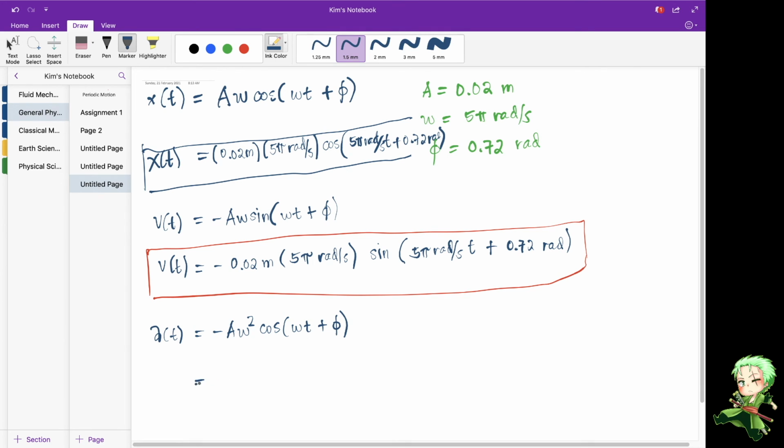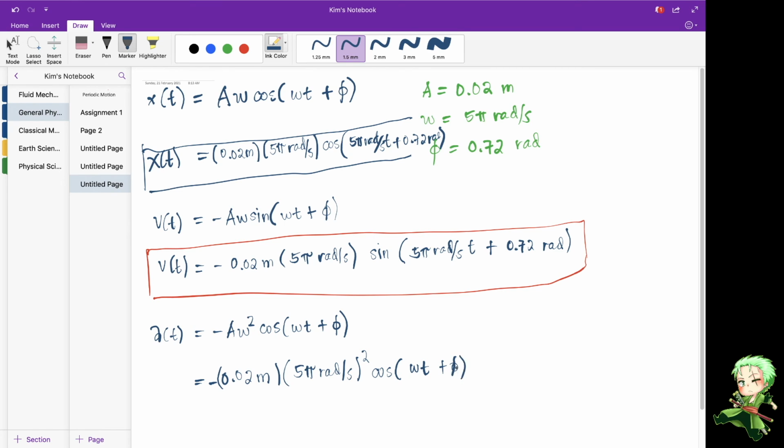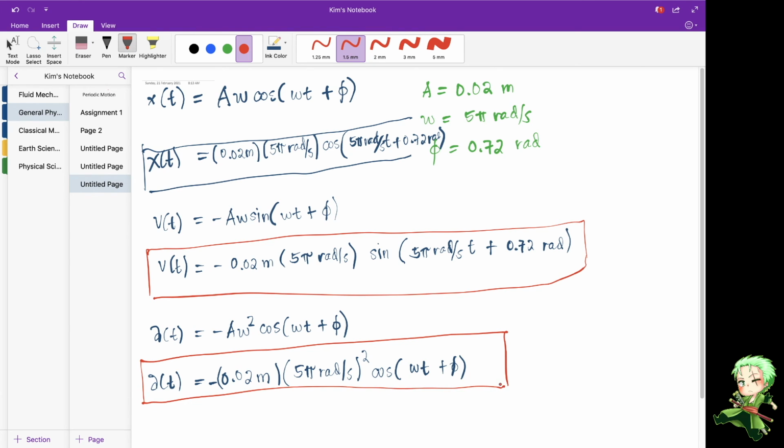So you plug in those values, so you have negative 0.02 meters, multiplied by 5 pi rad per second, squared, and then the cosine of omega t plus phi. I accept answers in this form, but it's up to you if you want to further simplify this by squaring the 5 pi rad per second term. But this is fine.